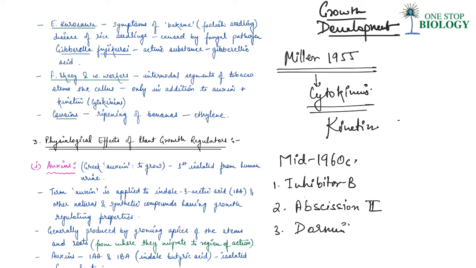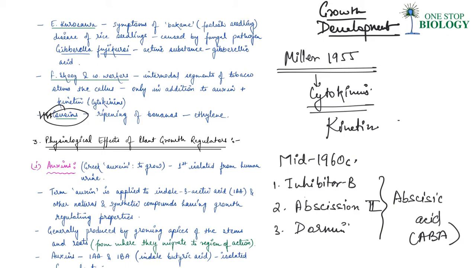Later, all three were proven to be chemically identical and they were named abscisic acid, ABA, right?